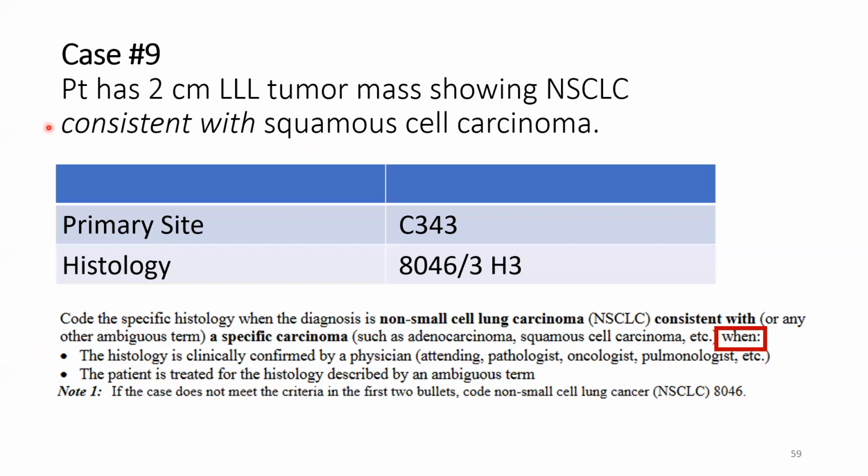I don't know if the patient is being treated for this histology, the squamous cell carcinoma. And so for this case, 8046 is probably the best histology that you can come up with, because these 2 bullets have to be confirmed. If the case does not meet the criteria in the first 2 bullets, code the non-small cell lung cancer 8046.